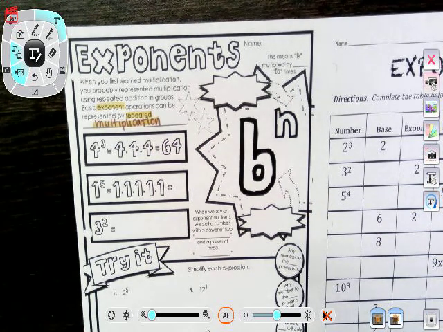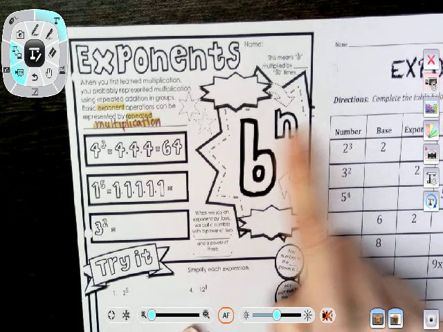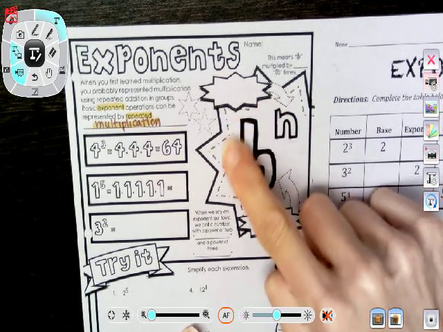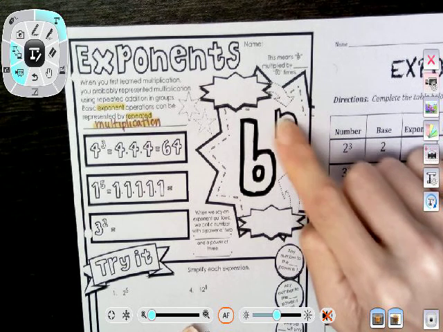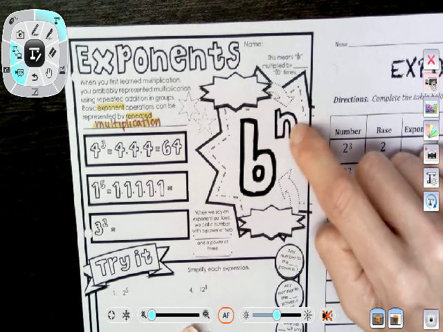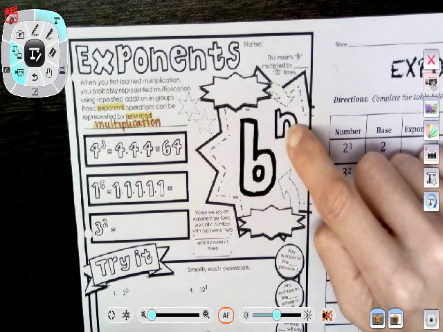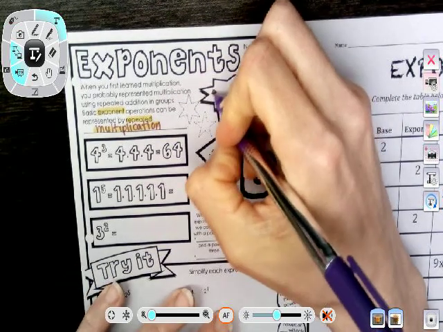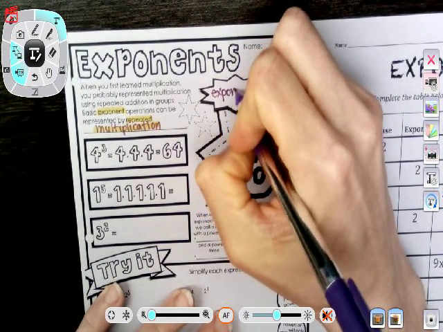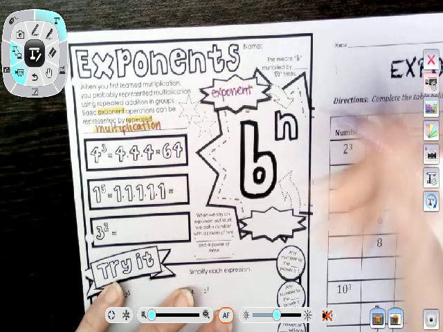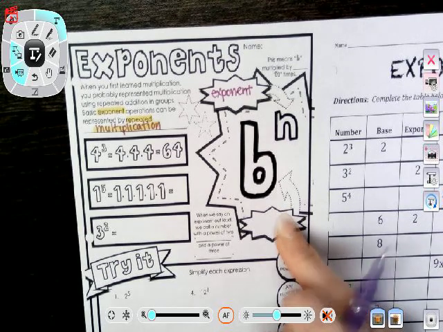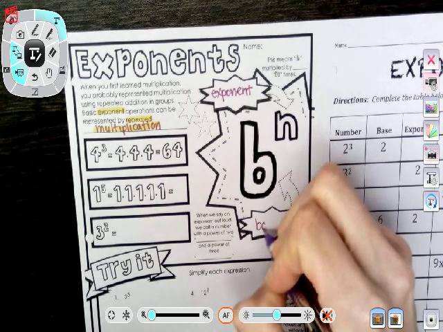Okay? Exponents are the little numbers. See how I have, just imagine this was a big fat number and a little number up top. The little number up top is called the exponent. The big number on the bottom is called the base.